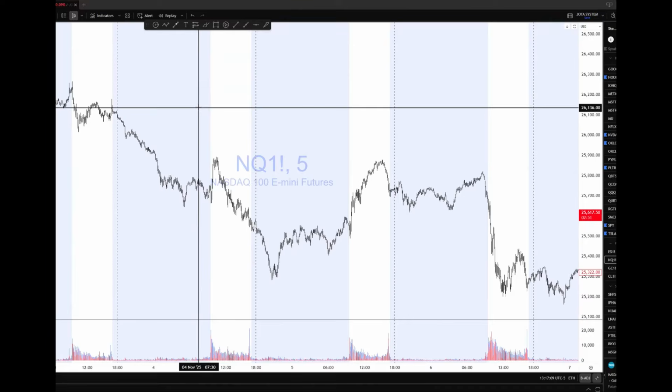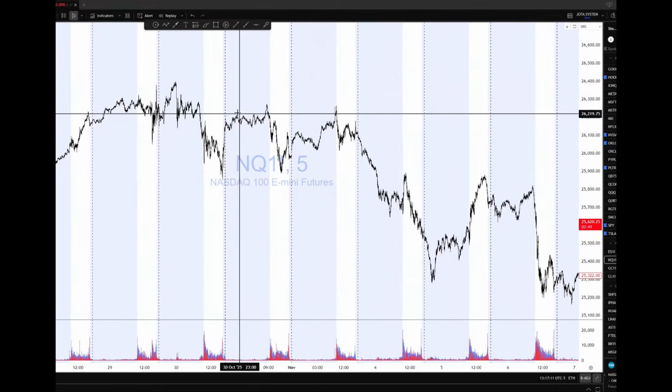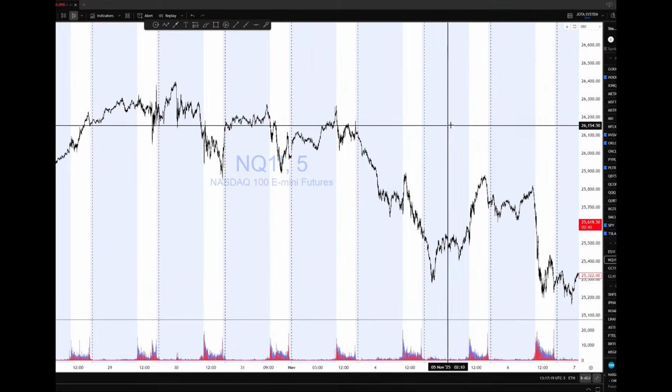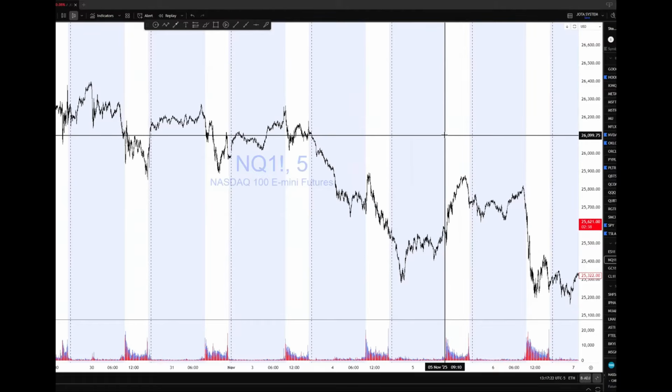So when we analyze the market, you can put trend lines, EMAs, SMAs, so moving averages. You can even put MACD or other indicators to help you define what a trend is.